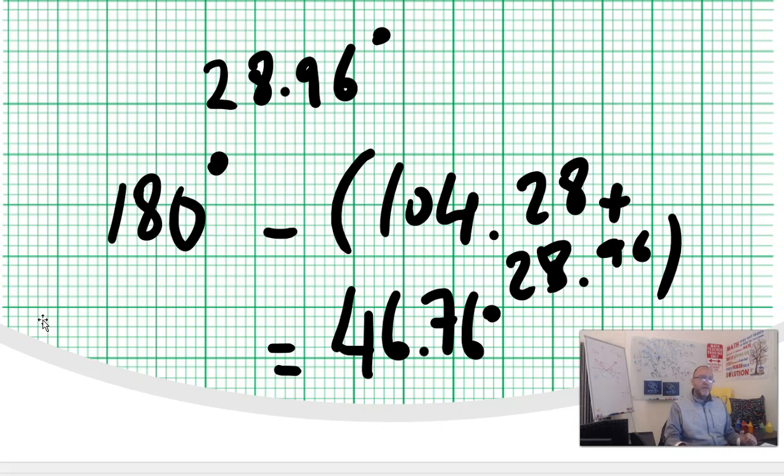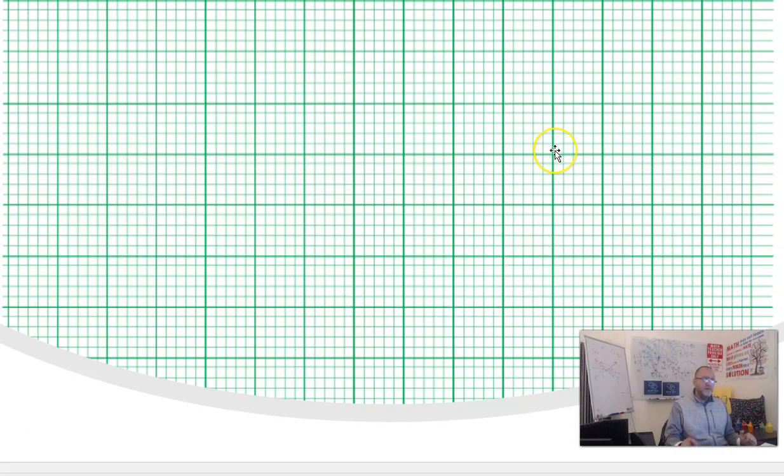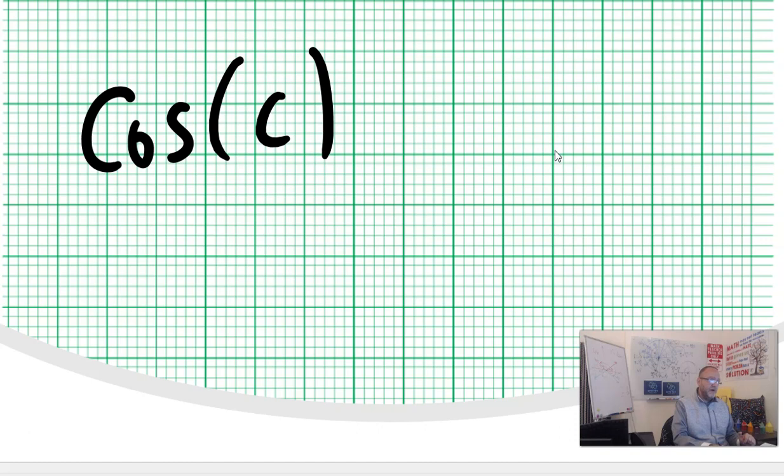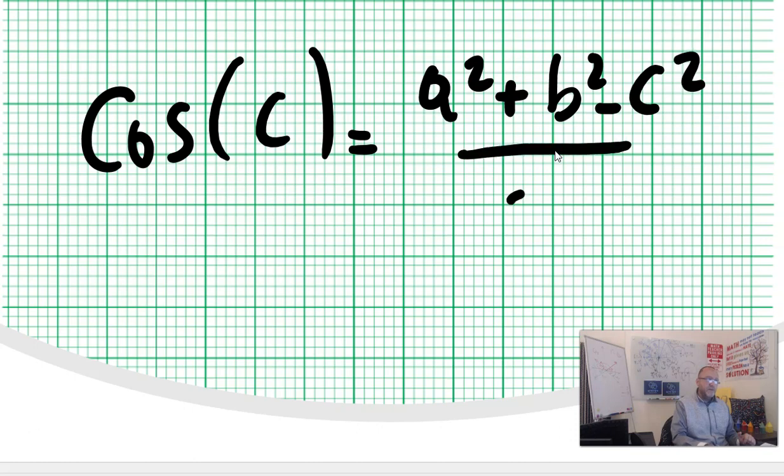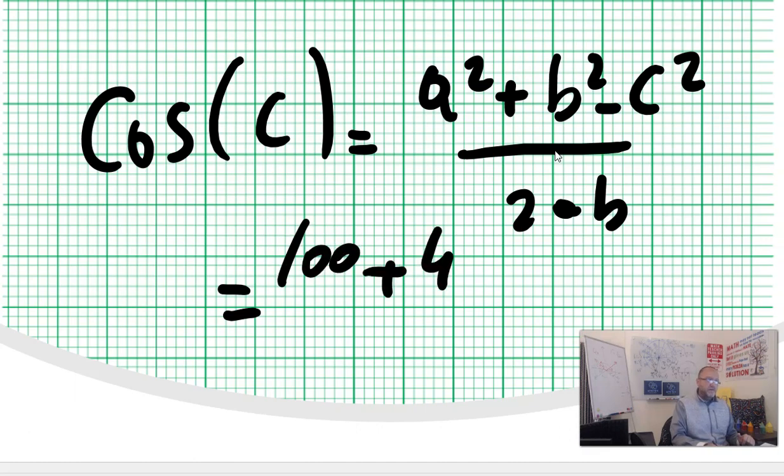Now, if you try this using the law of cosines, you should get the same answer. That's what I wanted to do earlier. Try it with cosine of C equals A squared plus B squared minus C squared, divided by 2AB. A squared is 100, B squared is 400, minus C squared 225. 2AB is 2 times 10 times 20, which is 400.